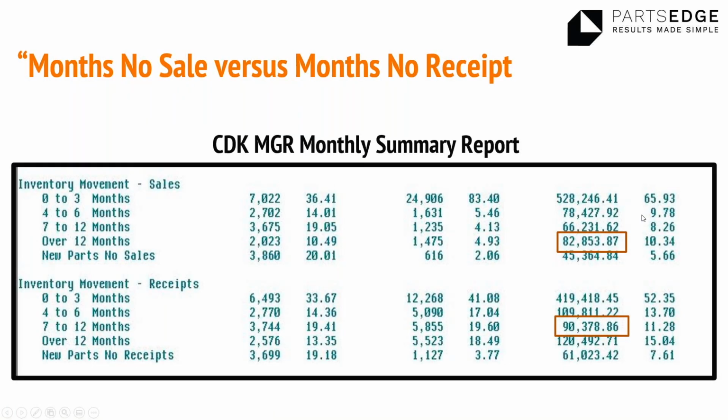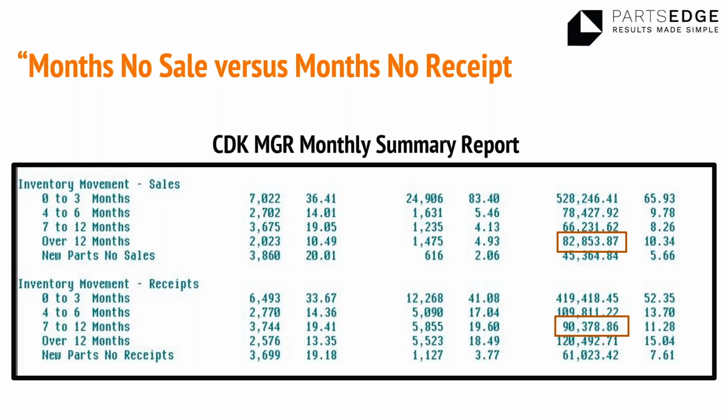Now with CDK, for those of you that are on CDK, this is the easiest one of them all. And most people just don't understand. You have on your monthly summary report your inventory movement by sales, and right below it is inventory movement by receipts.